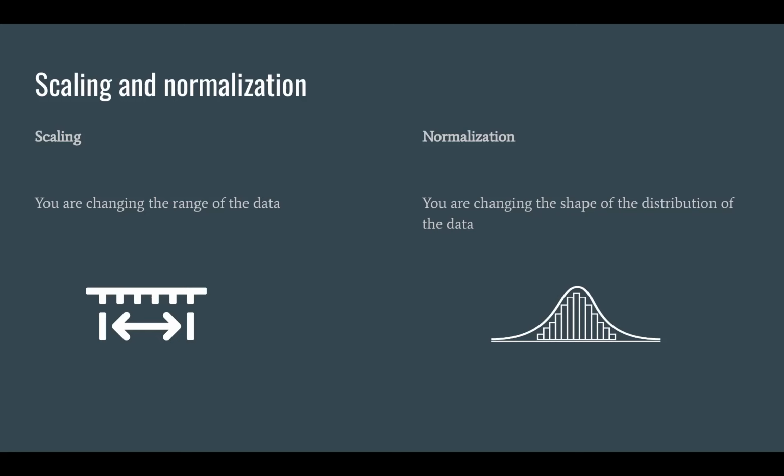In both cases, you are transforming the values of numeric variables so that the transformed data points have specific helpful properties. The difference between those two is that in scaling, you are changing the range of data, while in normalization, you are changing the shape of the distribution of your data.